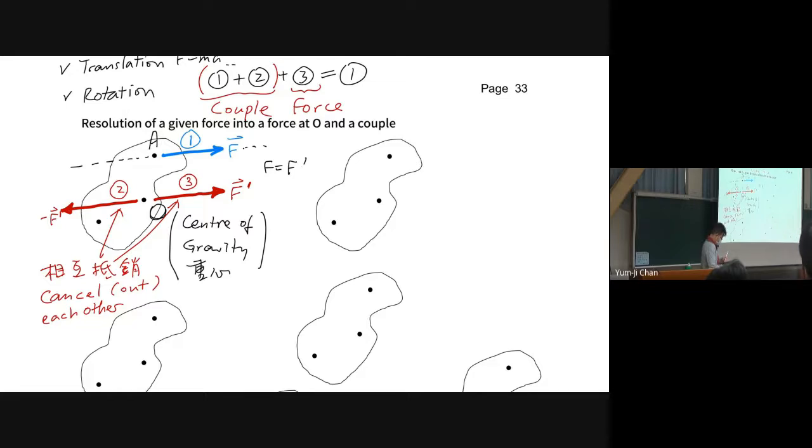Now we have R. If we mark R here, from point O to point A, then the magnitude of the couple is equal to R cross F. Let me first write O here, but of course, we don't need this.